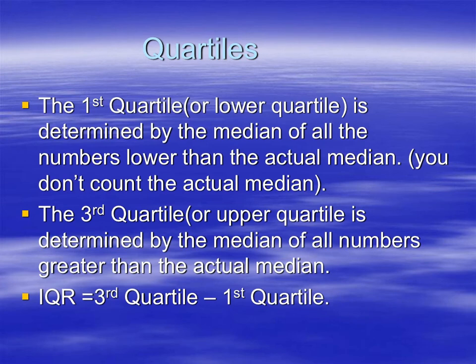Definition of quartiles. The first quartile, which is also called the lower quartile, is determined by the median of all the numbers lower than the actual median. And you do not count the actual median. And we'll do an example of the Ruth and Maris in just a little bit.